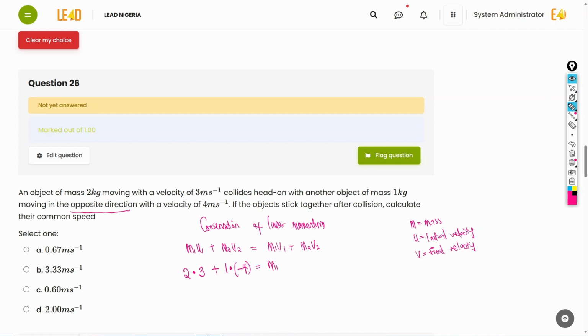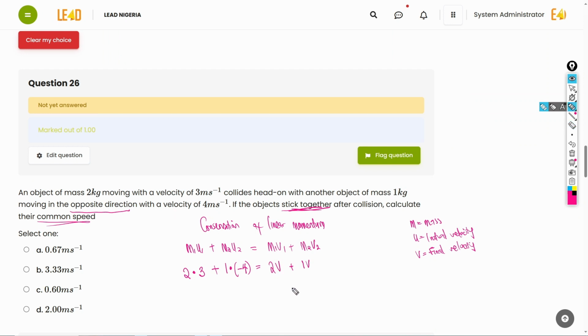So this would be equal to m1 is 2, so 2v1 plus 1v2. But we are told that they stick together after the collision and they have a common speed. That means that the final velocities are the same, so we can just represent them as v, right?